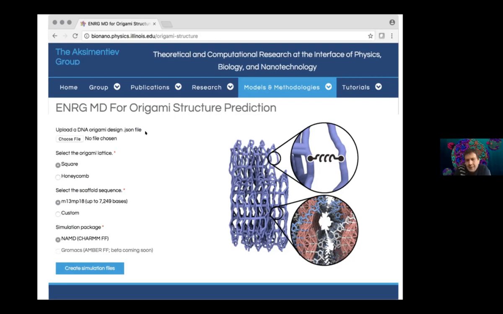Basically, it's an implicit solvent version of molecular dynamics simulations where we use our knowledge of how DNA deforms to predict the structure. So it works pretty nicely. If you want to try, we have a web server where you just upload your design and you get everything to run the simulation. We don't run it for you because it still takes a day to run.